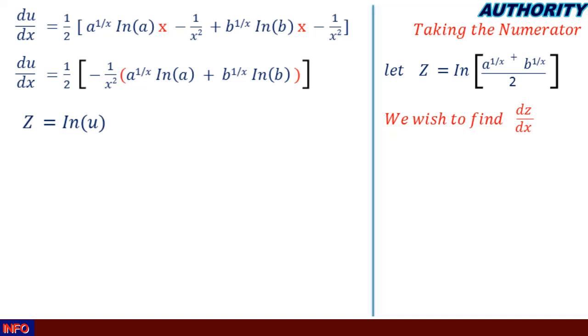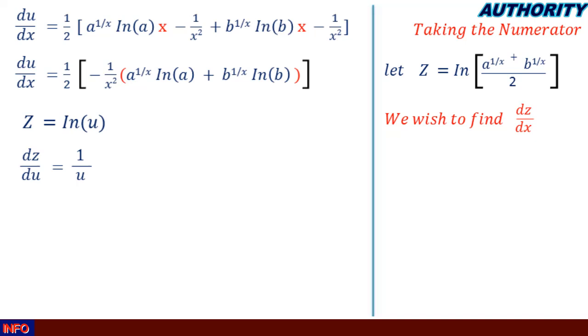Good. Now the second part of this z, where we have z is equal to ln u. So let's differentiate this z with respect to u. When we differentiate this z with respect to u, it's going to give us dz/du is equal to 1 all over u. When we differentiate ln u, it's going to give us 1 all over u. Now look at it.